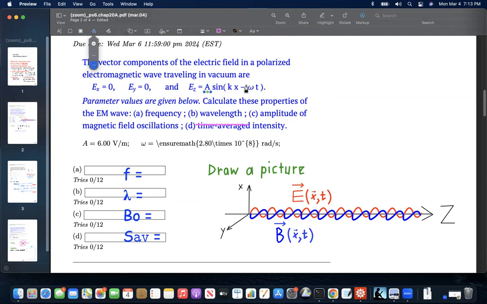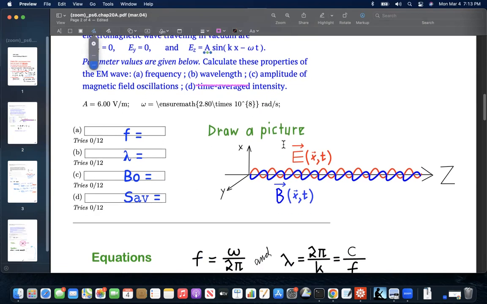Well, I take the sine of omega t. So omega t has to be sort of an angle. We can just say the unit of omega t is radians. And so t is in seconds. So omega has to be radians per second. And it says here 2.8 times 10 to the 8 radians per second.